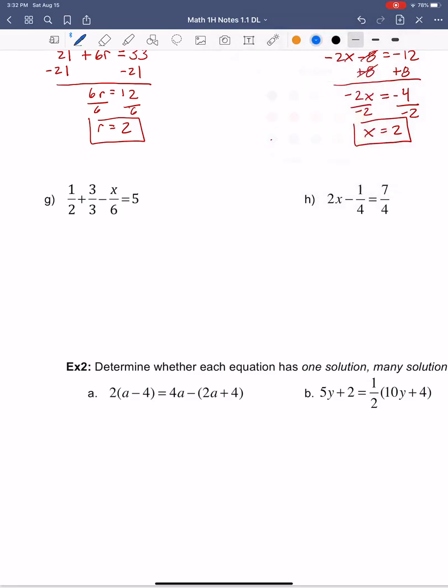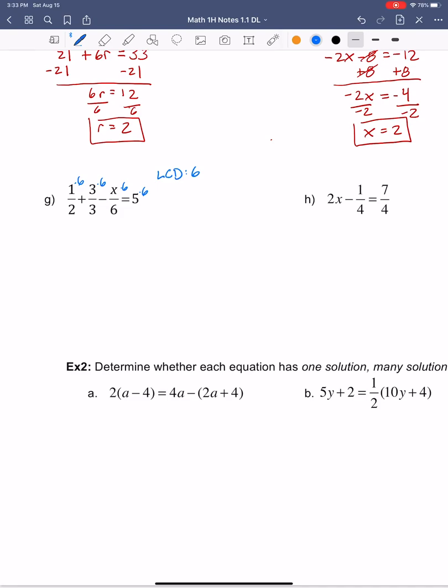So for this one, if I look at my denominators, the common denominator there is 6. So I have this LCD of 6. So what I'm going to do is multiply every piece of this equation. So every term, I'm going to multiply by 6 in the numerator. Right, so I'm multiplying all the numerators, even on the right side of the equal sign. Notice that even on the right side of the equal sign, I'm still multiplying by 6. That's how I keep it even. That's why I'm allowed to do it.